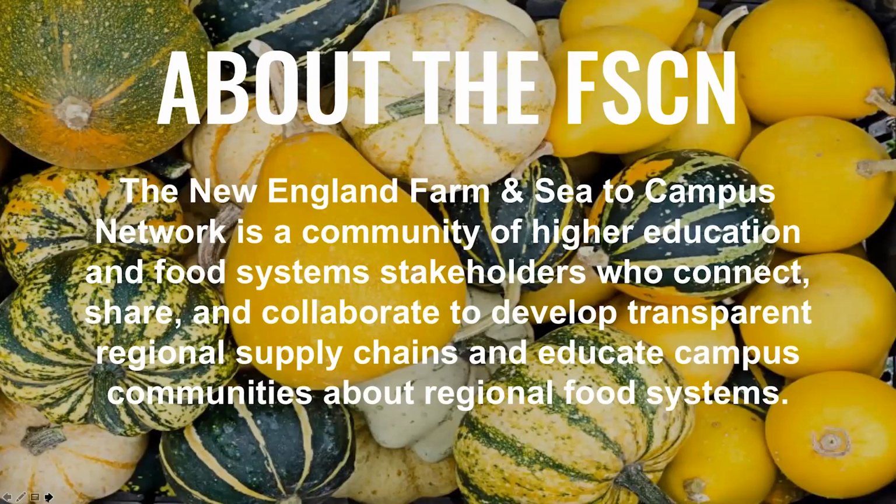So that Farm and Sea to Campus network operates via a 6-member steering committee that supports 4 working groups right now, each of which meets once a month. And you can learn more about the groups and their ongoing projects on our website, and we'll give you the links to those at the end of the webinar.